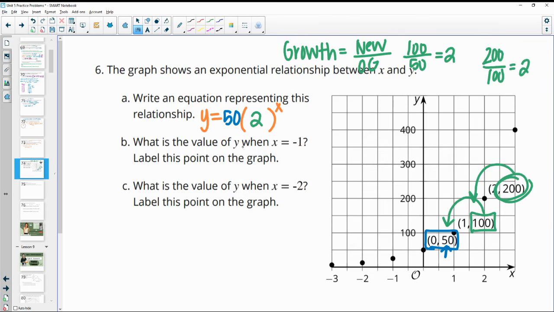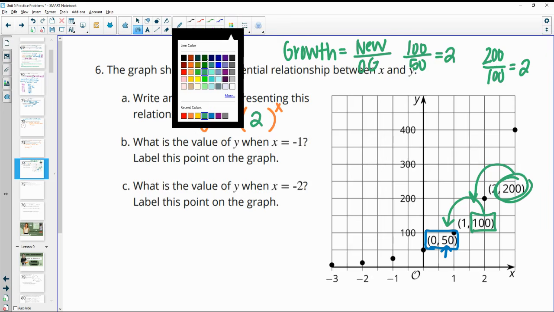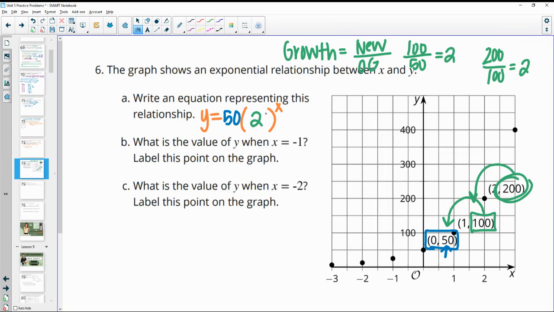So then what is the value of y when x equals -1? So you can do this a couple different ways. You can plug it into your equation here. Okay, so you could just plug it in and use your calculator. Okay, you can also think of, if it's doubling as we move forward, then it's going to be cutting in half or dividing by 2 as we go backwards.